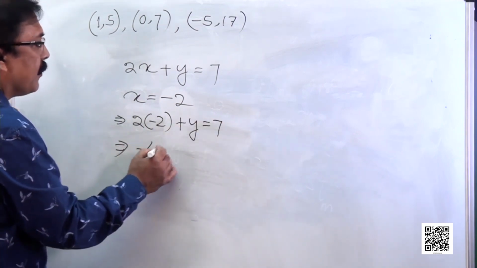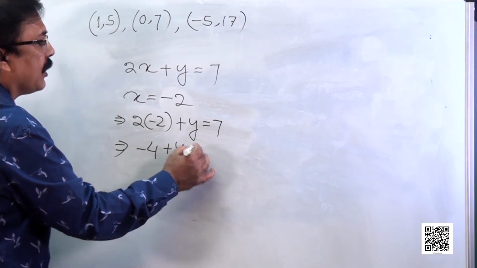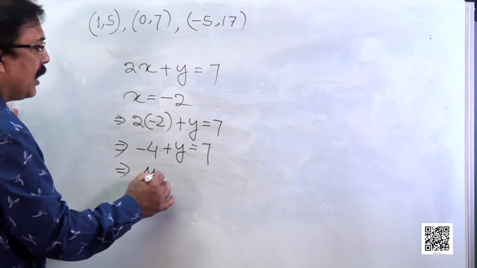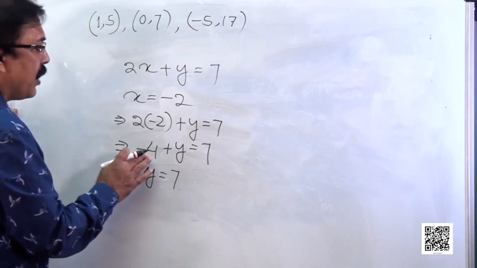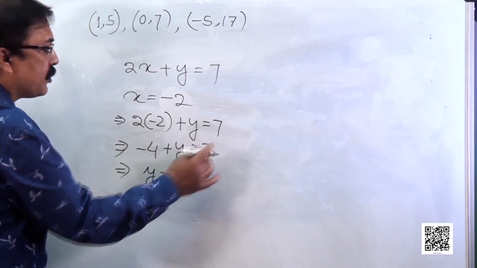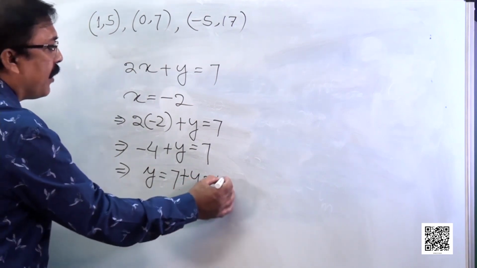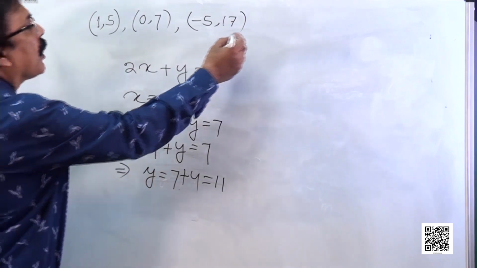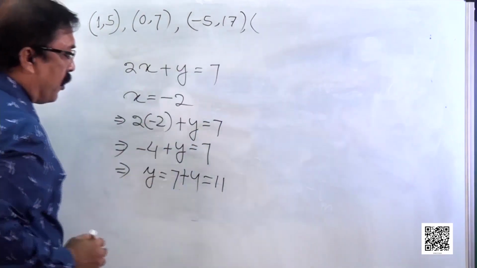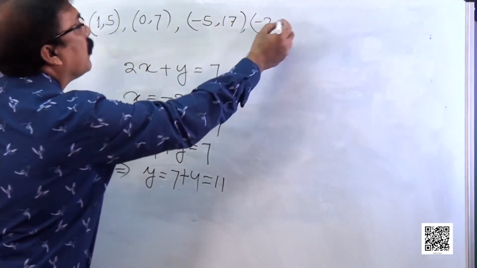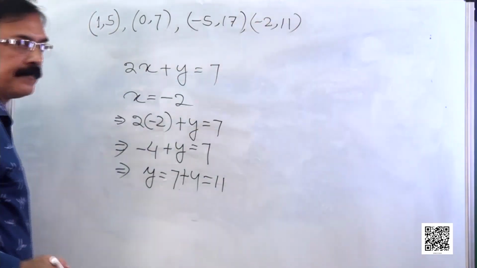That is minus 4 plus y is equal to 7. That gives y is equal to 7, minus 4 comes to the right side to become plus 4, and this is 11. So our fourth solution can be (-2, 11).